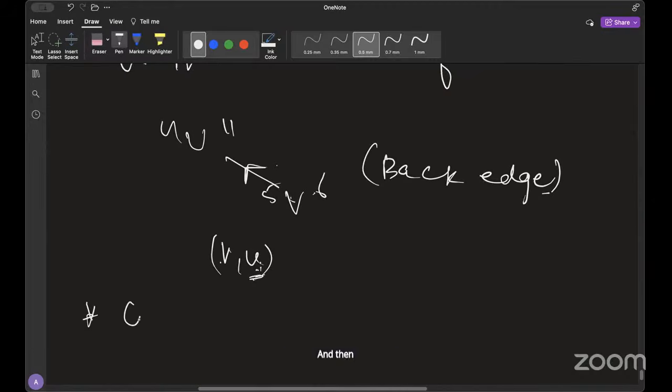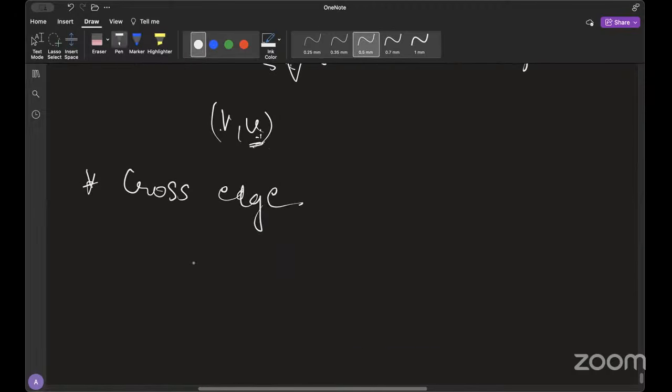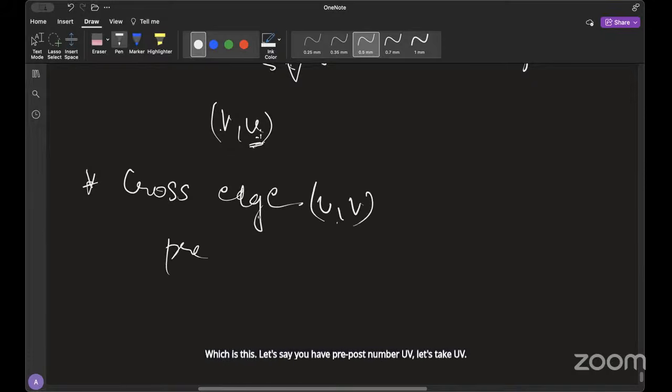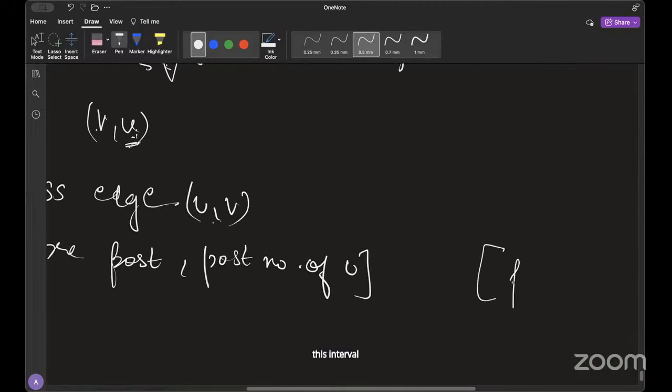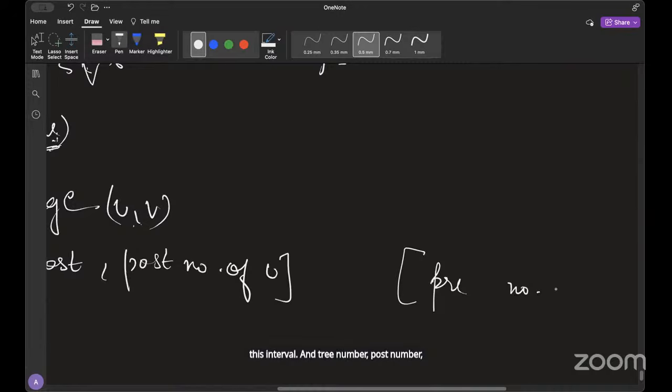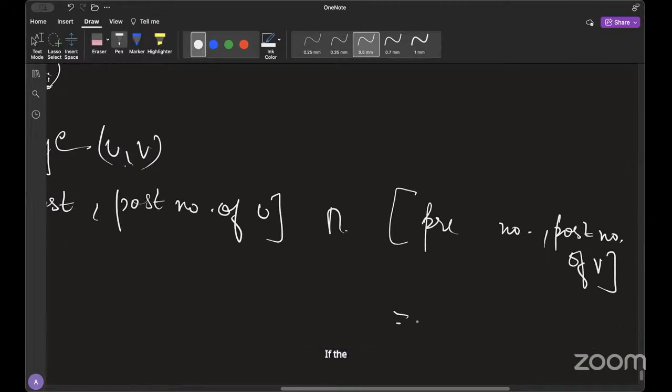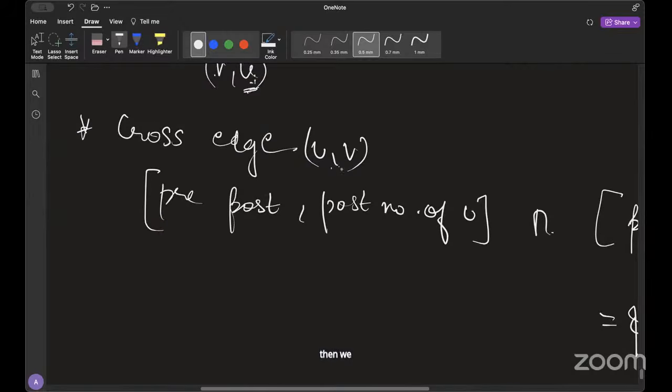And then we have the last one, which is a cross edge, which is this. Let's take UV. So UV is a cross edge if the pre-number, post number of U, this interval, and the pre-number, post number of V, this interval, if the intersection of these two intervals is empty, then we say that it's a cross edge.